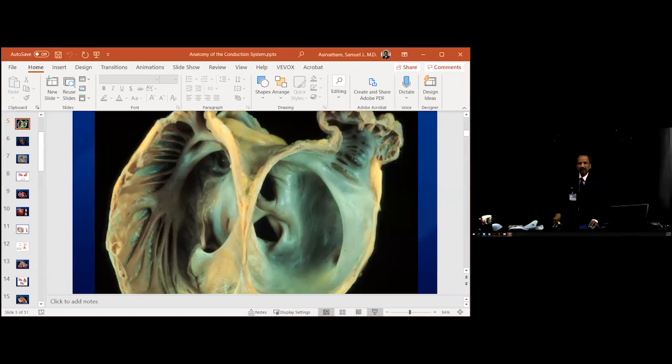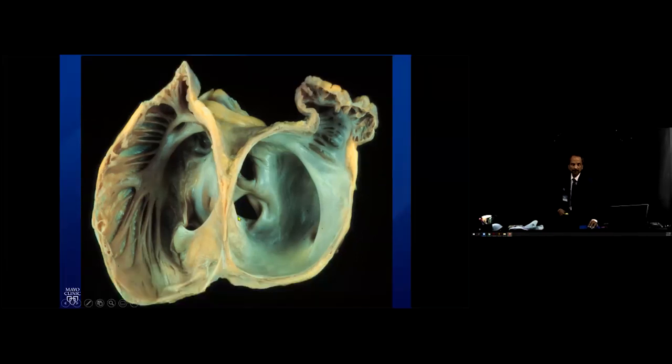So just to understand the concept, these inputs to the AV node are going to be septal structures. But notice, if any myocardium wants to reach the AV node, whether it's anterior inputs or posterior inputs, they have to start off the septum and then eventually encroach onto the septum to reach the AV node.